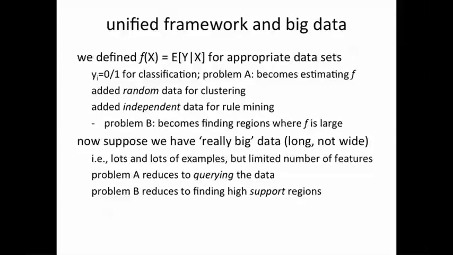Once we have only points which have high values of f, now the question is, what regions characterize these high values of f? Are there particular combinations of features which we can say are typical of high regions, and these would be our interesting rules or interesting clusters? And again, all we need to do is find high support regions, in the sense of which combinations of features have high support out of those which have high values of f.